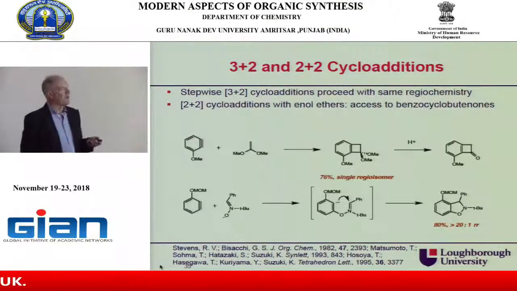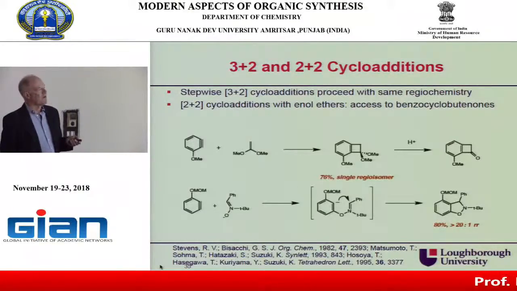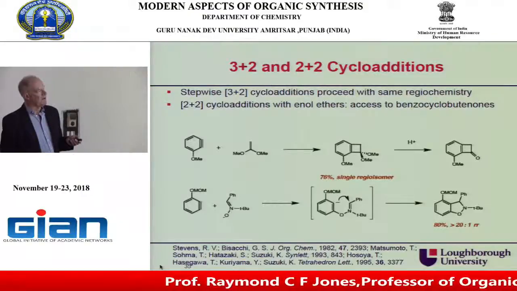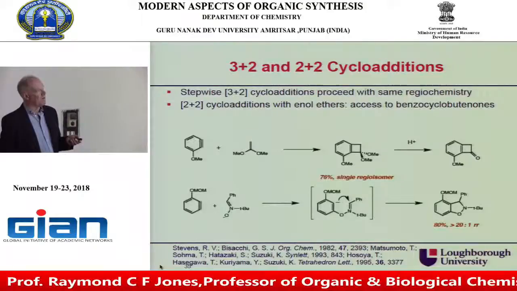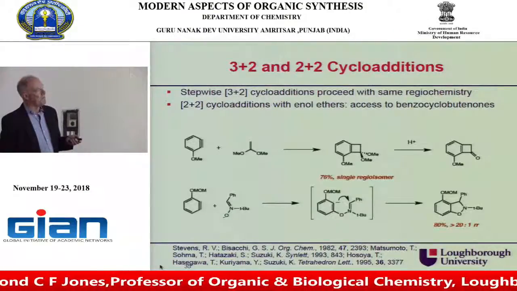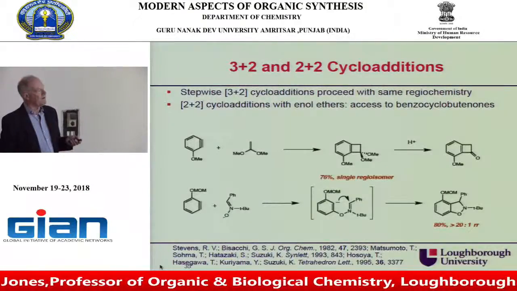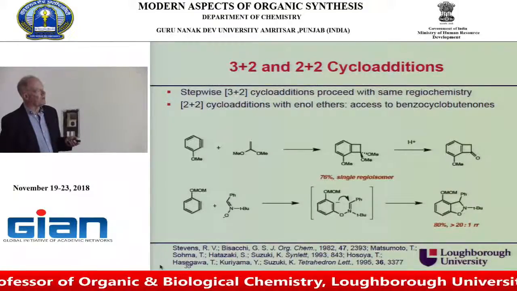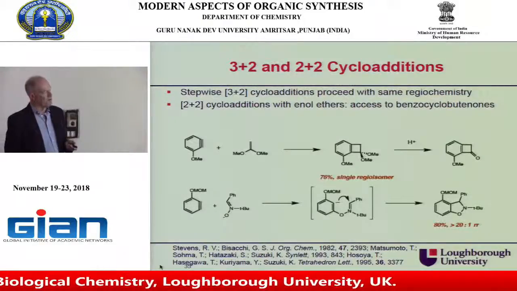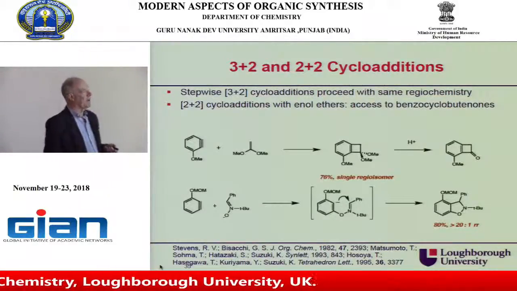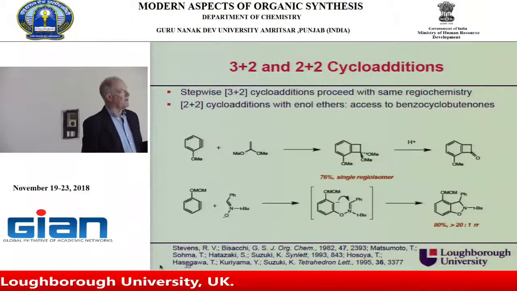The 2 plus 2 case, shown here, same thing happening. The most electron-rich position of this dimethoxy alkene is the top one, and that adds at the remote position of the benzyne, and then the other position of the benzyne closes back onto the now electron-deficient carbon in the middle of this compound.